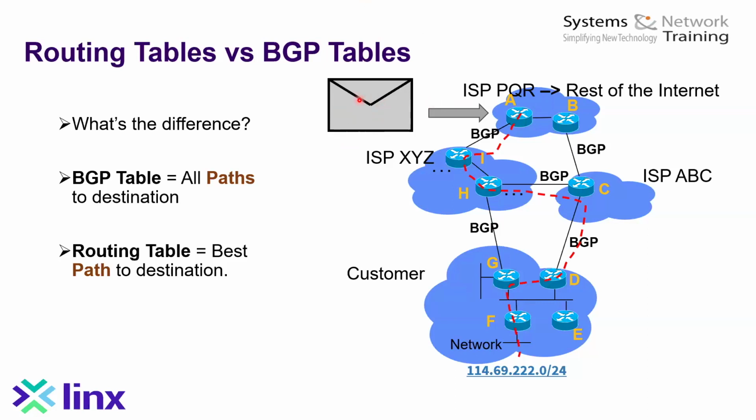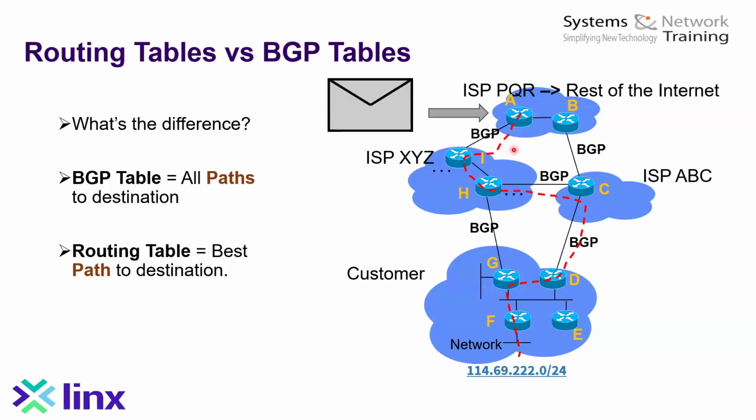But that's not really the way these routers work, and that's really not the way the internet works. And that's where these things come into play, the BGP table and the routing table. Each of these routers that learns about this route and creates a path will learn about all the different ways they can send packets to get to this network down here.